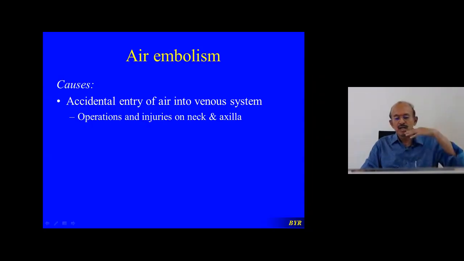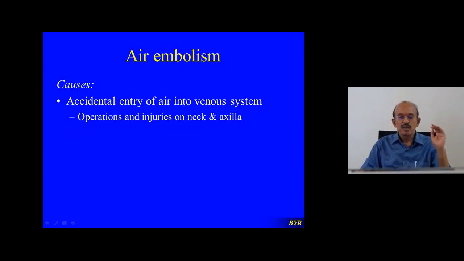So above the heart, the pressure in the large veins will be on the negative side. Below the heart, when the person is in supine position, it will be 0. If the person is in Trendelenburg position, that means head down position, then it will be on the plus side.